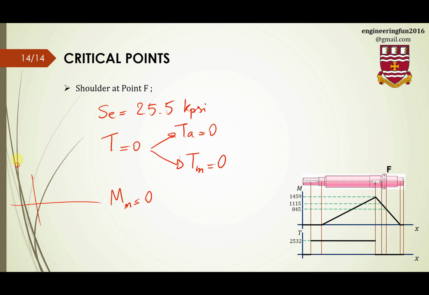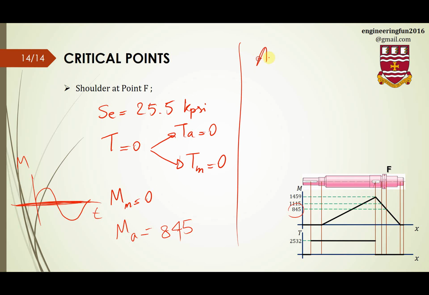We are facing a completely reversed scenario, so we are fluctuating around the x-axis, so Mm is 0, and Ma is this value, 845.